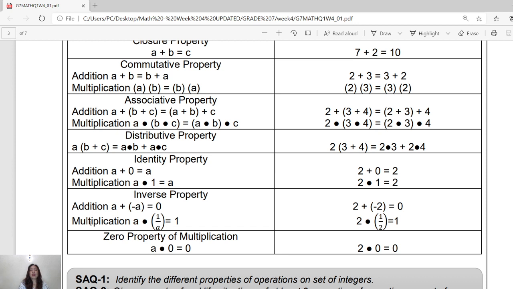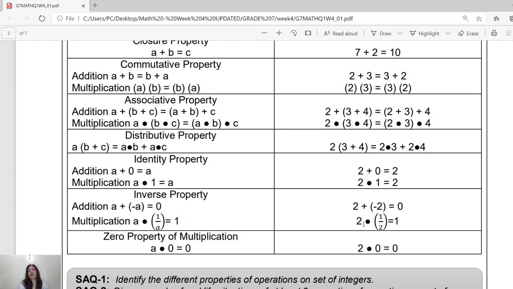Another we have here for multiplication. The inverse of A is 1 over A, or we call that the reciprocal of A. Reciprocal of A, or the inverse of A. So A times its inverse is always equal to 1.